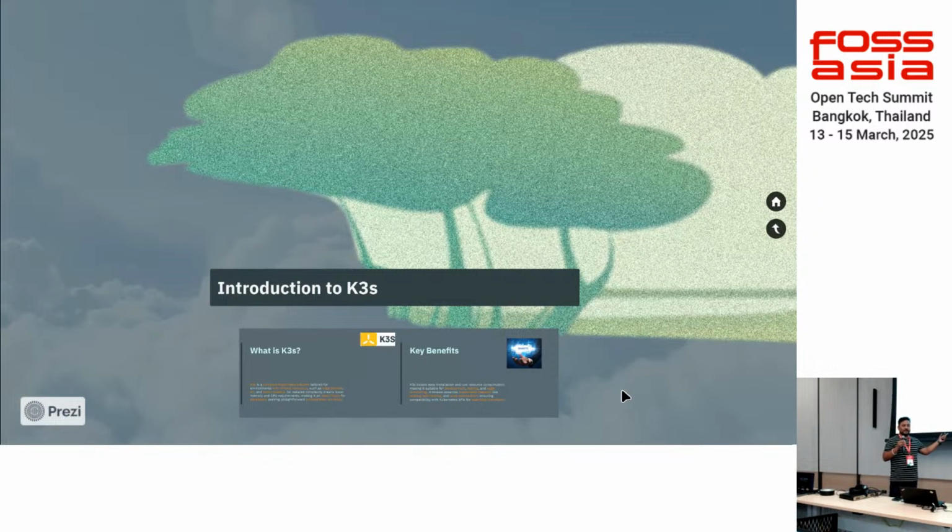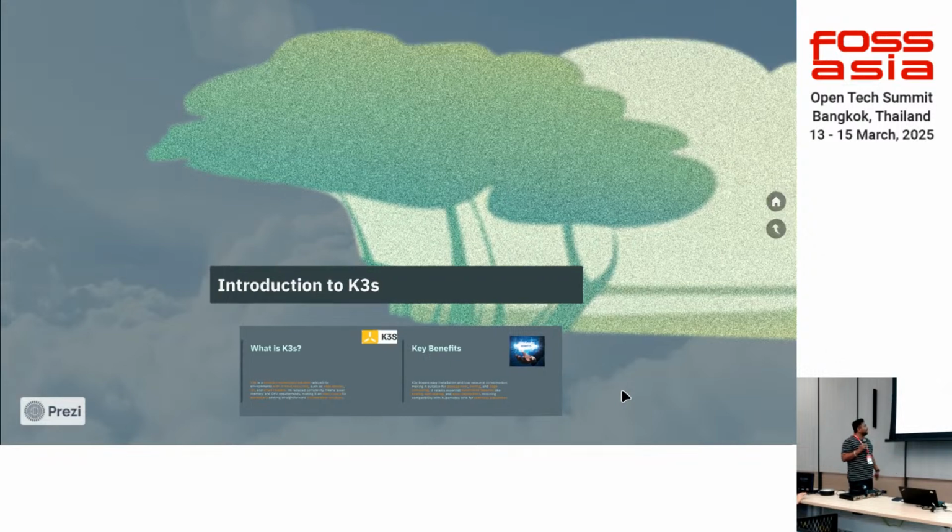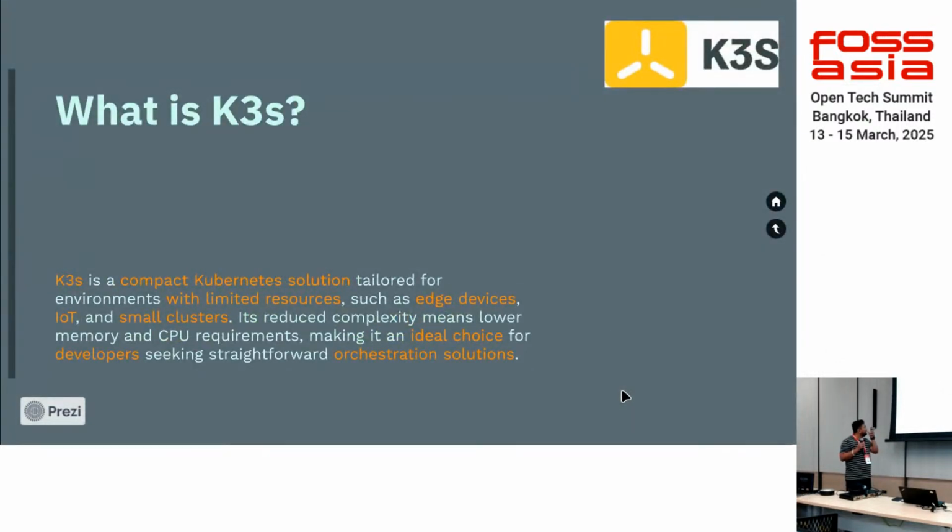There is no change in the essence of Kubernetes. It is just meant for your edge devices, limited resources. If you want Kubernetes on the go on your system, then it is for you. Okay. So let's dive into what K3s is.